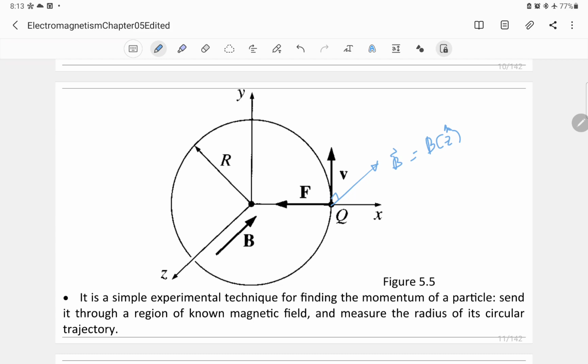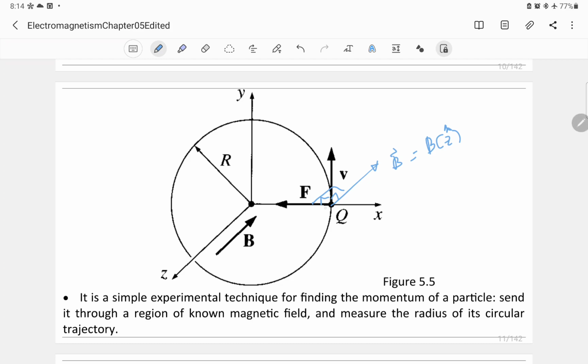So it's perpendicular, and of course your F would have to be perpendicular to V and at the same time perpendicular to B. So that is the force that you will be able to get.